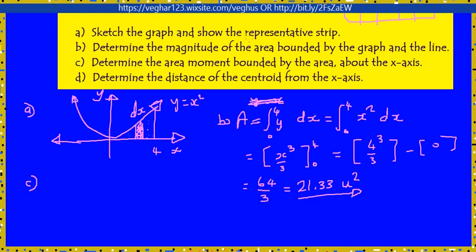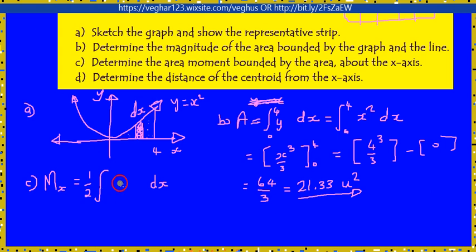So number C, determine the area moment bounded by the area about the x-axis, like taking the moment about the x-axis, which is, we are looking for y bar. So we'll explain how the area moment equation has been derived in other videos.